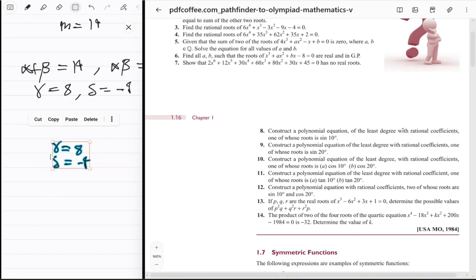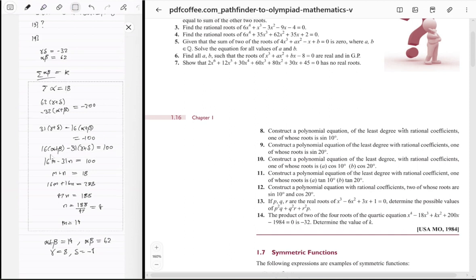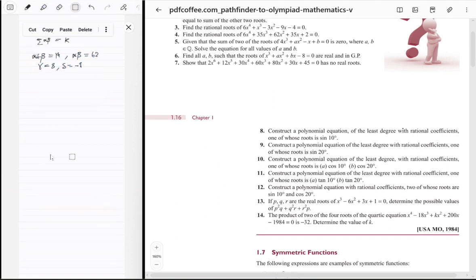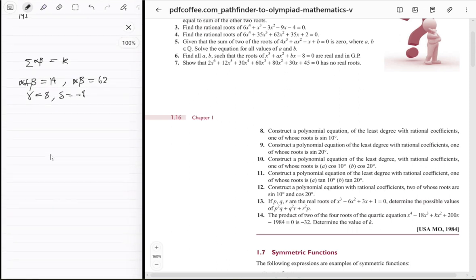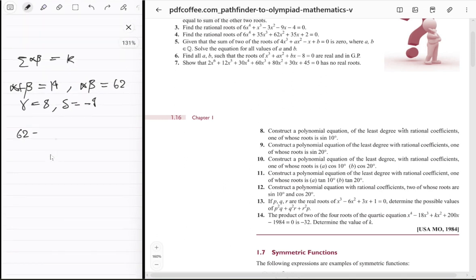Okay, now we can figure out what they want. So we just want to figure out what k is, right? K is this summation. You don't want all this anymore. Summation of alpha beta. So start off at the first term, which is 62, and then you got gamma delta, which is just minus 32. Actually no, let's do it the proper way. First alpha beta, then alpha gamma and alpha delta. That can be written as alpha times gamma plus delta, which is 4.